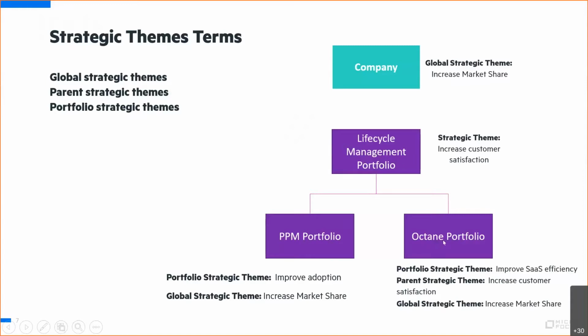The Octane portfolio has inherited the strategic theme from the company, which is a global strategic theme, as well as the parent strategic theme, and it has its own strategic theme, improve SaaS efficiency. The PPM portfolio has its own portfolio strategic theme, improve adoption, and it has also inherited the global strategic theme, increased market share.